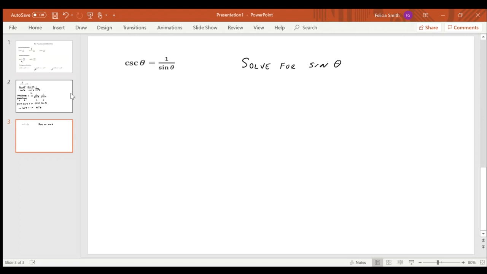Now, in order for me to get rid of my denominator here, remember I can multiply both sides of an equal sign by something. So I'm going to multiply both sides by sine of theta. And on this right-hand side, the sine of theta are going to cancel. It's going to leave me with a 1. And on my left-hand side, I'm going to copy it exactly as I see it.